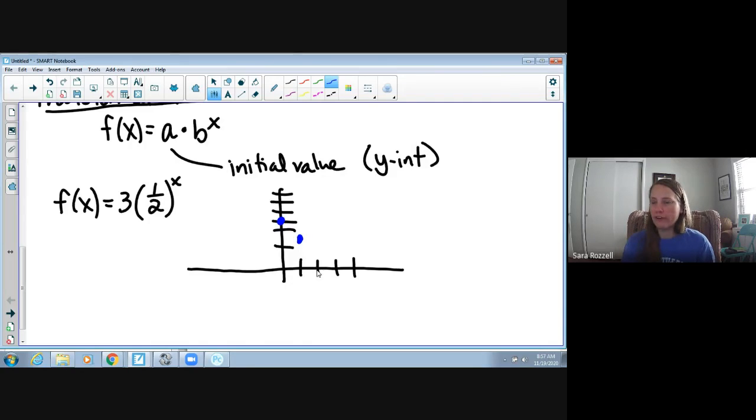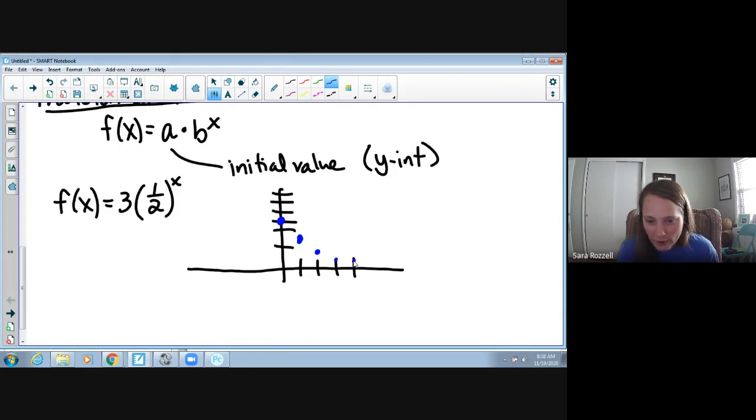And if you cut 1.5 in half, you'll get 0.75. Then we cut 0.75 in half, and you get 0.375.